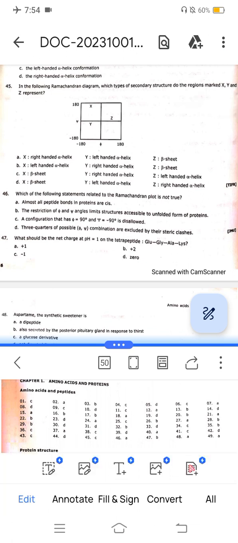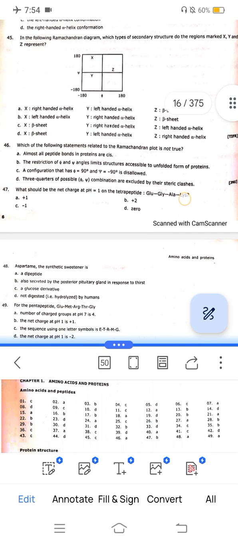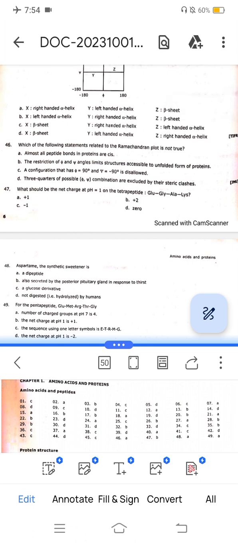A configuration that has phi 90 degrees and psi minus 90 degrees is disallowed. Yeah, that's correct. Then 3/4 of possible psi-phi combinations are excluded by steric clashes. Yeah, that's right.